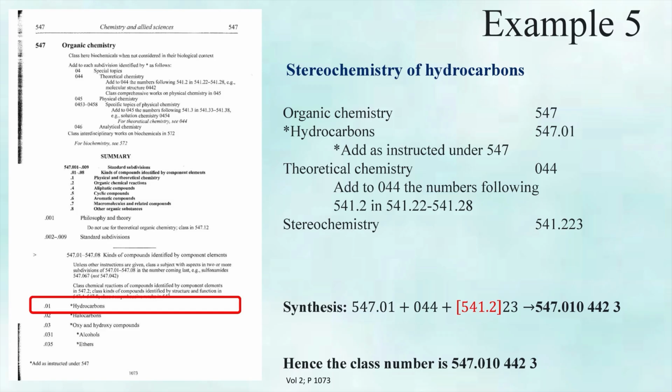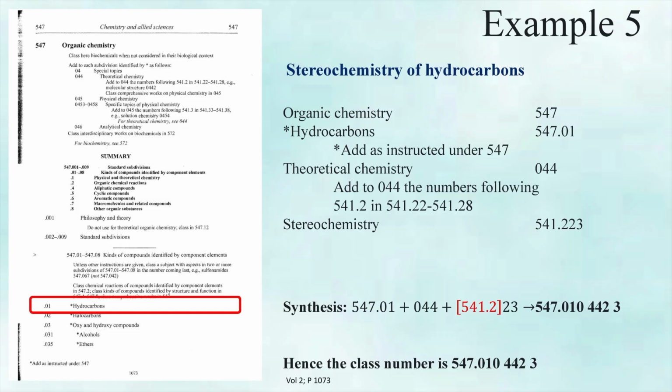Now, accordingly, we move into 547 where we get an extended subdivision from which we get the number 044, that is for theoretical chemistry. Under theoretical chemistry, there is another add instruction which tells us to add to 044, means with the number of theoretical chemistry, the numbers following 541.2 in 541.22 to 541.28.